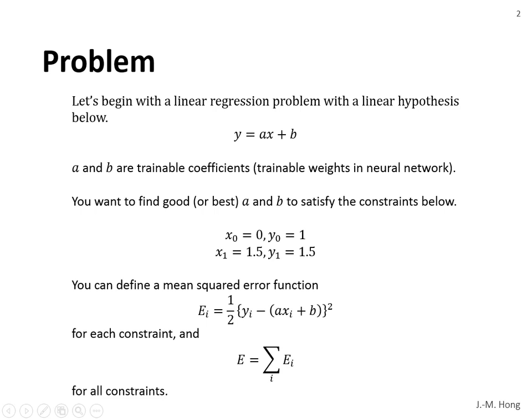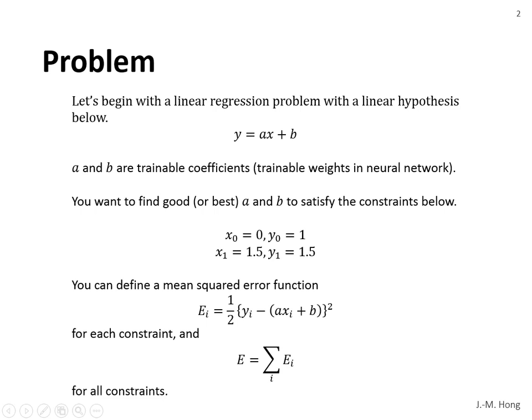So you can define a mean squared error function to measure how wrong your linear hypothesis is with respect to the constraints. For each constraint, you can define an error function like this. We have two constraints, so we use y0, x0, and define error e0.